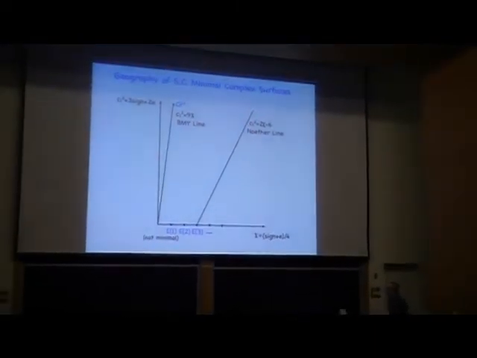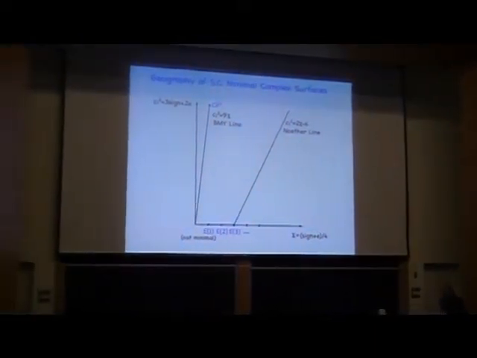So typically, one classifies... well, this picture is called the geography of complex surfaces, and what you see is a graph with the horizontal axis denoting the holomorphic Euler characteristic of a complex surface.